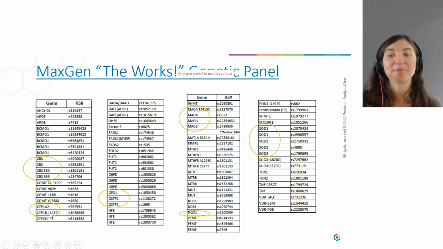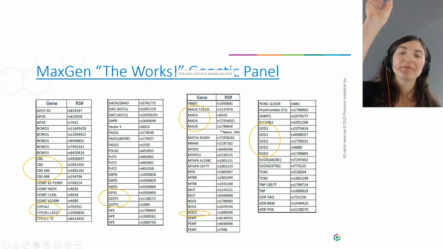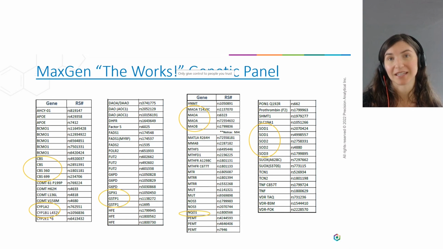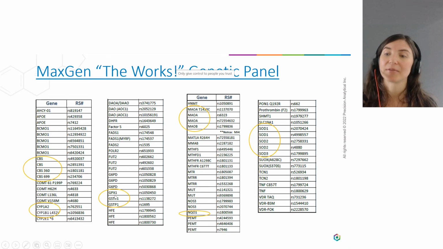CYP1A2, 1B1, these are enzymes involved in phase 1 estrogen detox. Pretty cool, right? So CYP1B1, remember, this is the enzyme that converts estrone or estradiol over to the 4-hydroxy metabolites. So you can always evaluate that for people to see, are they genetically susceptible to pushing more down that 4OH pathway?